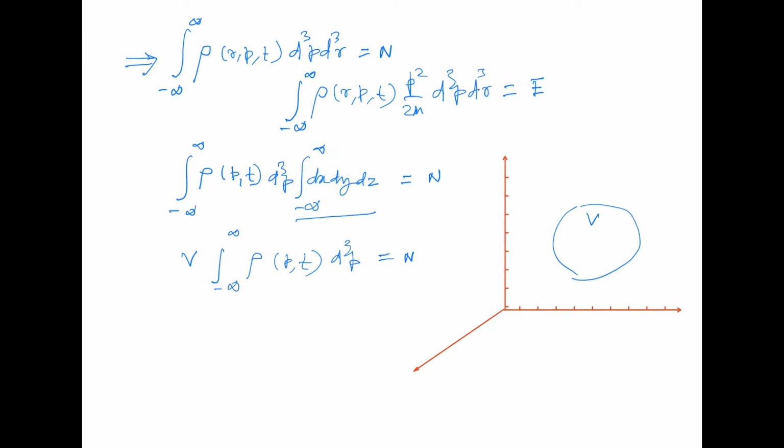Then the value of rho outside this volume is 0, because there are no particles outside this volume. So whatever non-zero value rho has is within this volume V. So when we integrate for x, y, z from minus infinity to plus infinity, only that volume will be relevant within which the particles are distributed, because outside that volume rho will be 0.